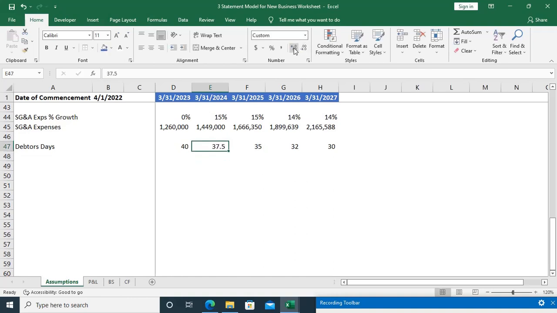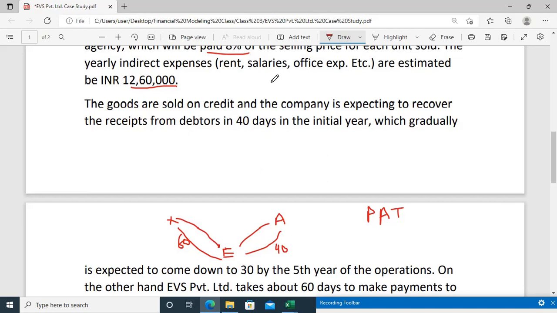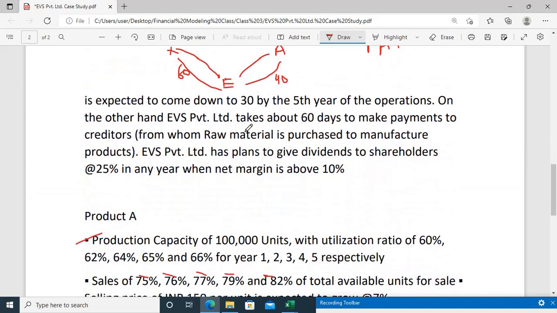So if you put 35, then 32.5, I think it is more evenly distributed. Yeah, I can keep this, no problem. And again, I am not doing anything with this anymore. As we gain some more information, we will work on those things. So now debtor days, it is over. We are done with this.